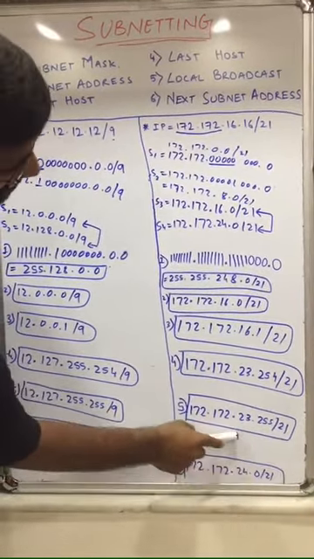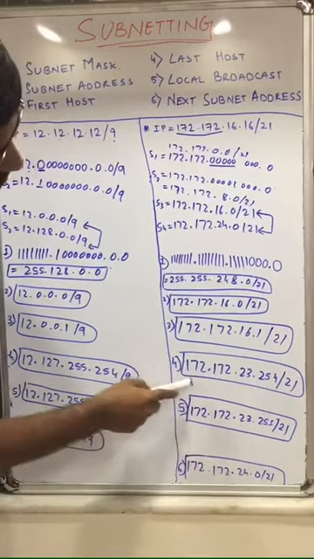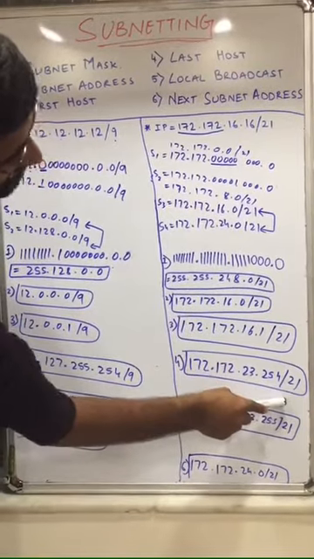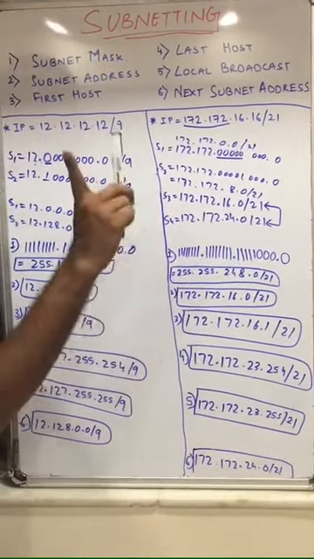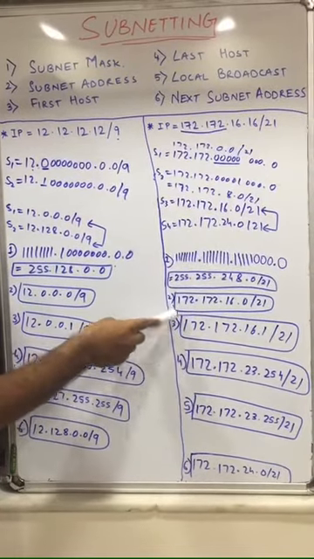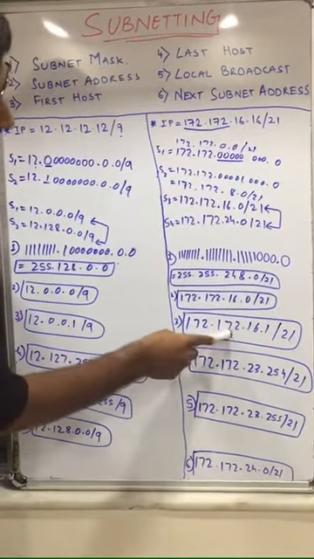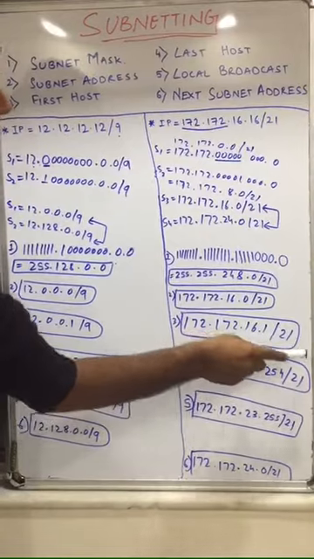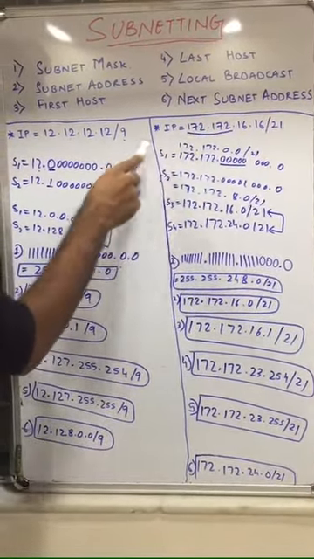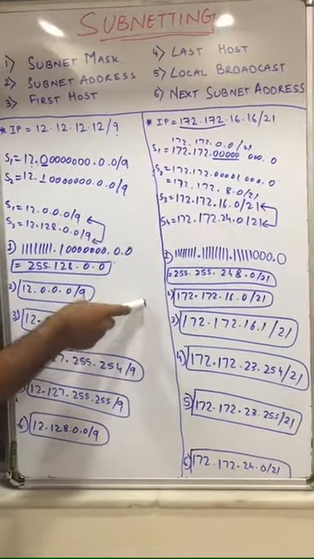Again subtract 1 from this and you get your last host, 172.172.23.254/21. And if you add 1 to the subnet address, you get the first host. So add 1 to this and you get 172.172.16.1/21.